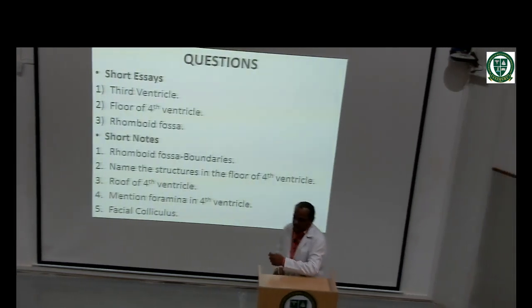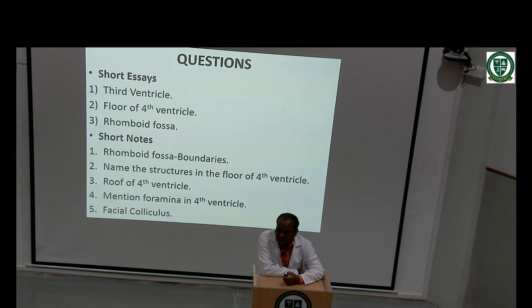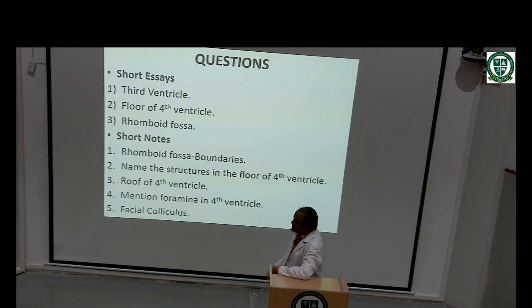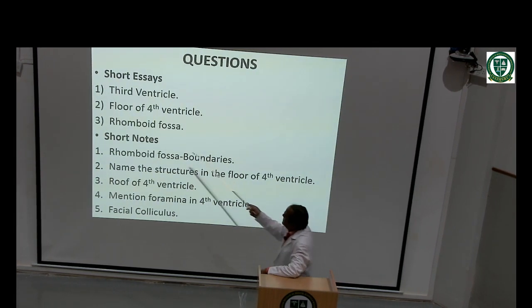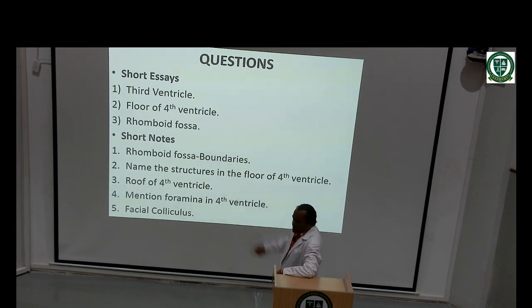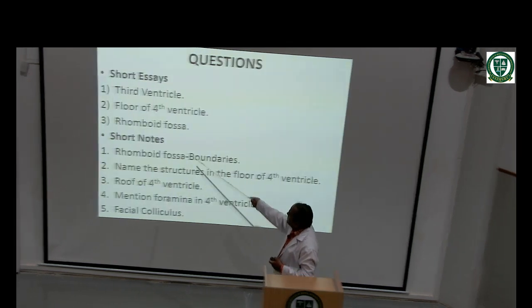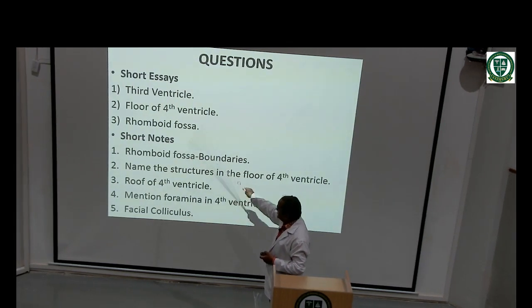Next, coming to the questions of today's topic, you will get short essays. Describe the third ventricle, the second is floor of the fourth ventricle, and the third is rhomboid fossa. And next, short notes: rhomboid fossa boundaries.